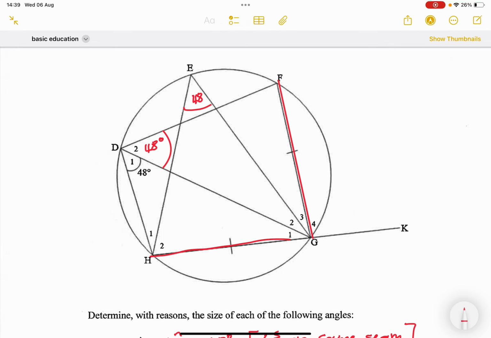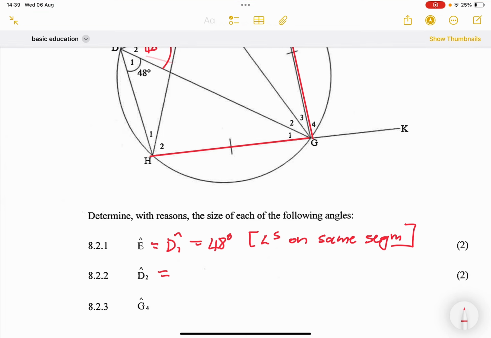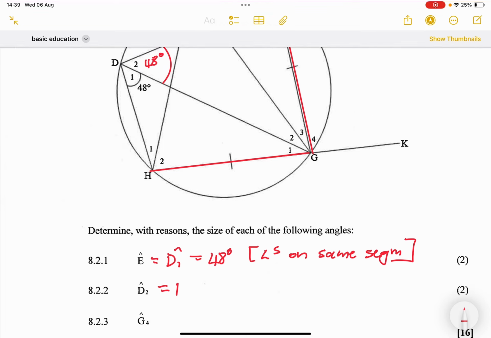So chord FG is equal to chord HG. And in this case, it means that D2 is equal to angle D1, which is 48 degrees. And these are angles subtended by equal chords.